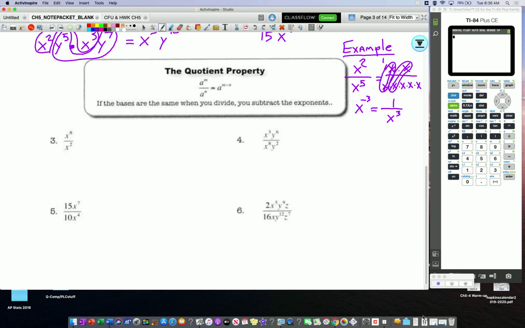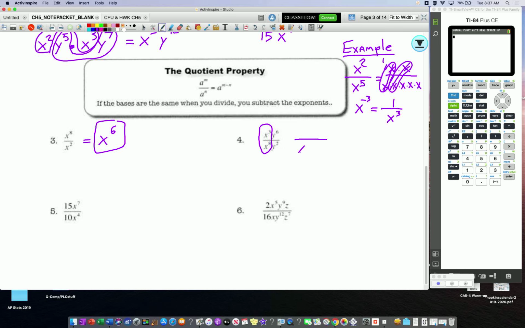So just to demonstrate, on these next 4 examples, let's take a look at these here. On the first one, x to the 8th over x squared, I have 8 minus 2 is 6. Since the bigger one's in the top, it's going to be in the top, x to the 6th. It's that easy. On the next one, I compare my x's. Notice how I have 8 in the bottom, 3 in the top. So 8 minus 3 is 5.